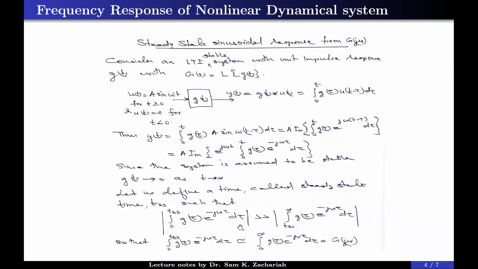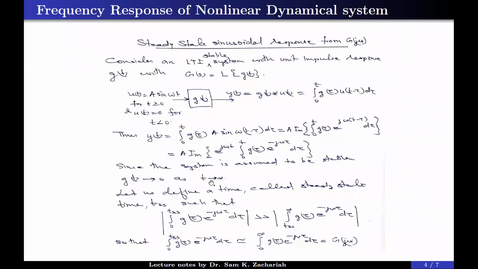And if you compare these two parts of the integral, the integral from 0 to T_SS of g(tau) e raised to minus j omega tau d tau, you can consider it much higher than the integral from T_SS to infinity of g(tau) e raised to minus j omega tau d tau, provided g(t) tends to 0 as t tends to infinity.